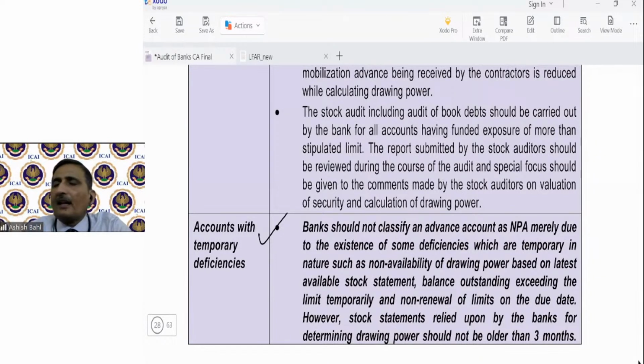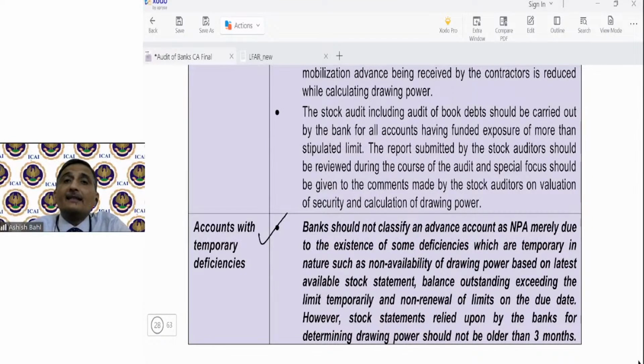So assume that in the month of March, there appears to be some problem in the account, or say there is inadequate drawing power for the February stock statement, which is submitted to the bank in the month of March, or say renewal of the account was due on 28th February, but as on the balance sheet date, renewal has still not been done.